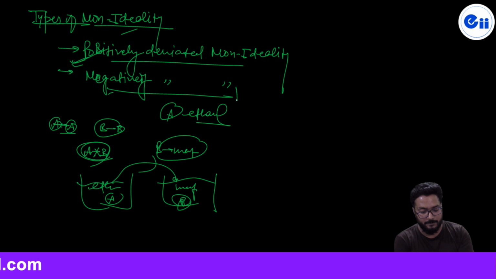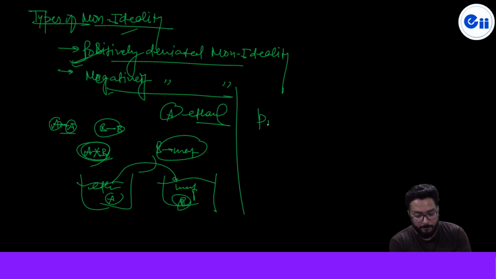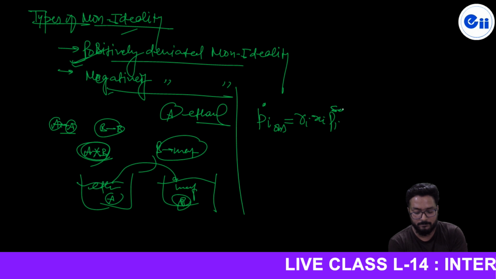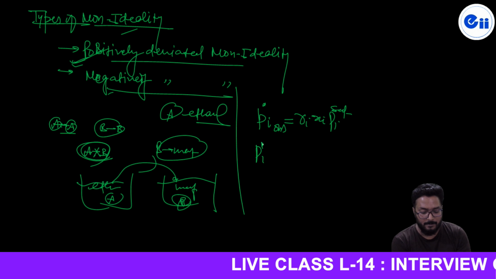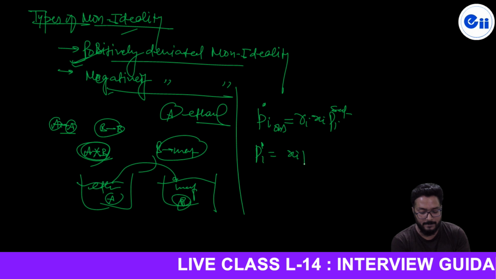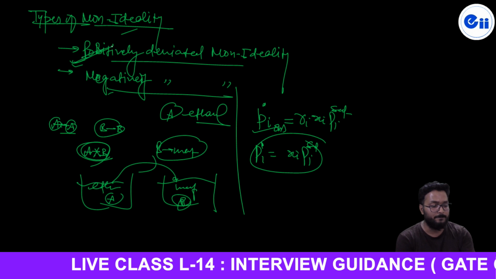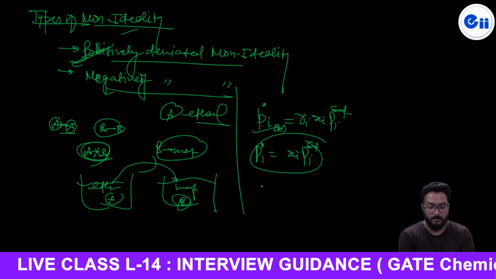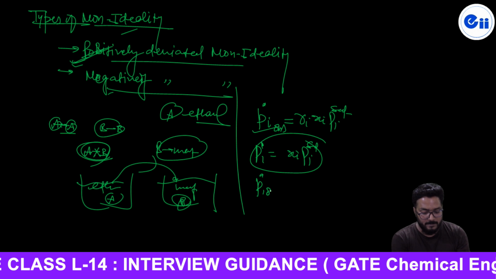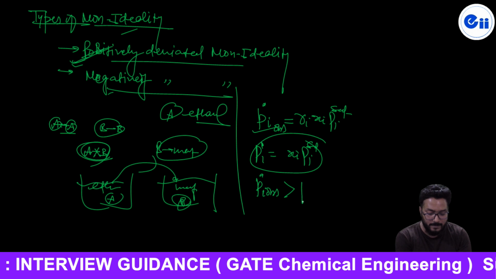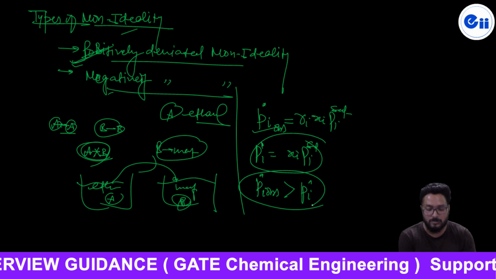Listen, very important thing. As I told you, Pi star observed is gamma i into Xi into Pi sat, and Pi star ideal is simply Xi into Pi sat. It means in the case of positive deviation from ideality, the Pi star observed, the equilibrium partial pressure exerted by the species in the vapor phase, will be more than what we have calculated from the ideal Raoult's law.